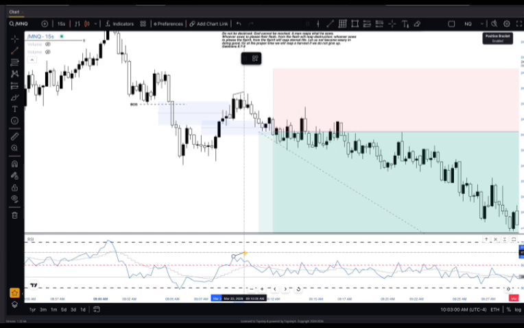Equilibrium 1, in this case, was the candle that broke structure. And equilibrium 2, the large rejection wick. Okay. In some cases, you would only have one equilibrium. In this case, we are blessed with two equilibriums, giving us two more confluences.